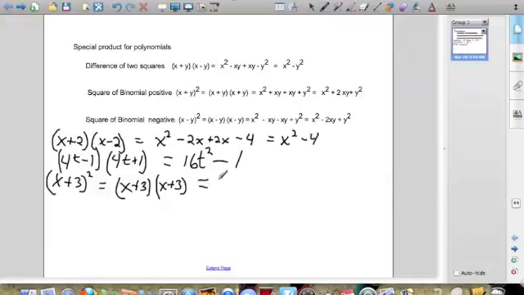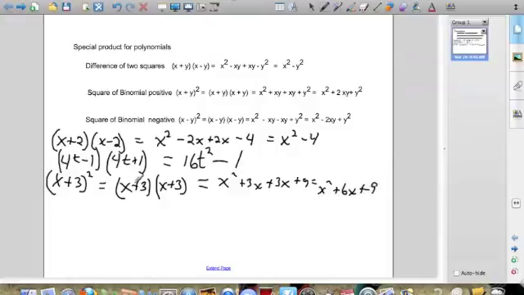All right, let's FOIL here. We get x squared, plus 3x, plus 3x. So your inside and outside terms. And then the last one is plus 9. So when I put this all together, I get x squared plus 6x plus 9.